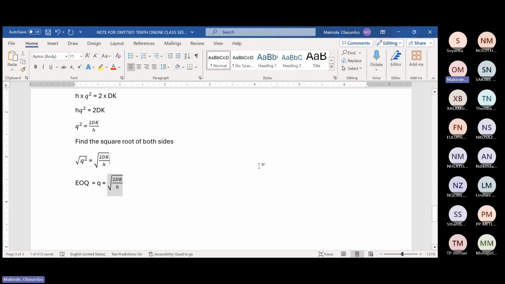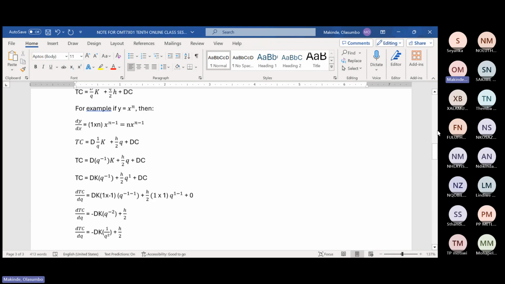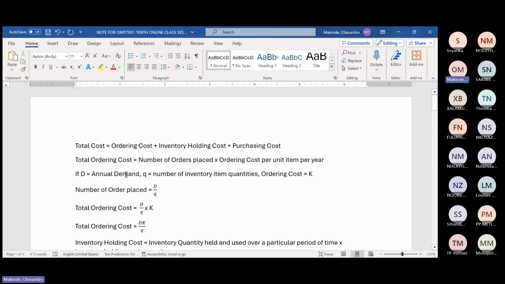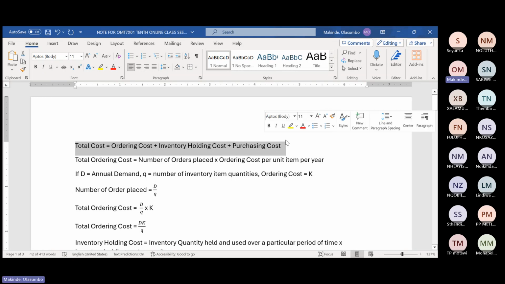Because I always try to tell you, especially for the online test, how the questions could come from this derivation of the EOQ formula. I can ask you questions that say the various components of cost that you incur in an economic order quantity inventory model are dash, dash, and dash.